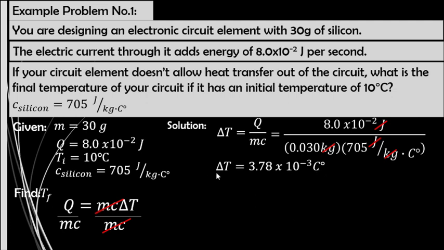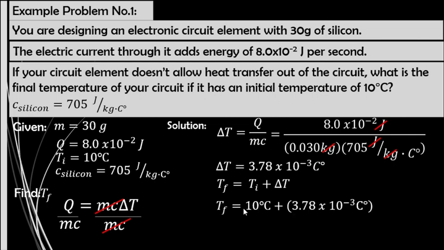Since we know the change in temperature that our circuit undergoes, we can now compute for the final temperature. And that is, the final temperature of our circuit is equal to the initial temperature plus the change in temperature it undergoes.